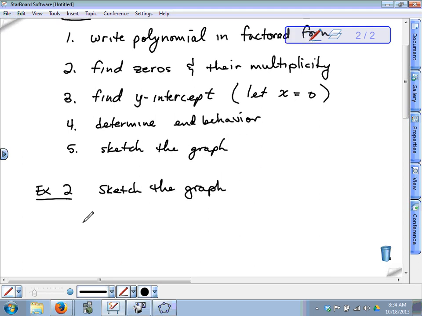So the polynomial is p of x equals x to the third minus 2x squared minus 4x plus 8.